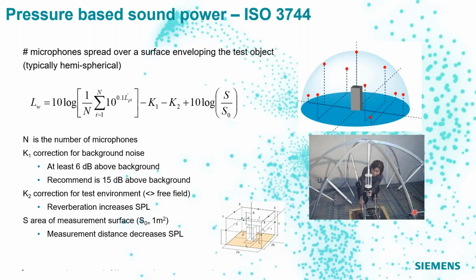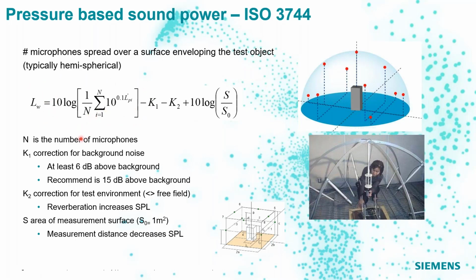Okay, so we take a number of microphones, we put them over a dedicated area. Typically it's hemispherical like we're showing here. And then we use this equation that we'll talk about here to calculate the sound power. And again, you can see on the left hand of the equal sign, it's a level in watts. So the first part, that 10 log, 1 over N summation i to N, that's the number of microphones.